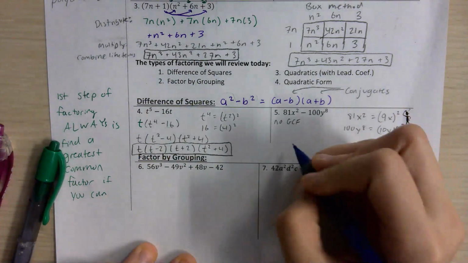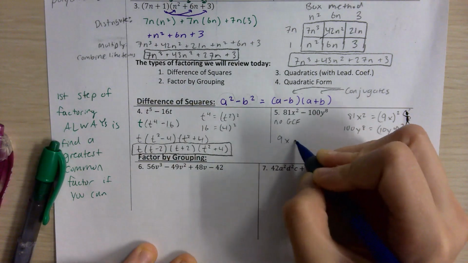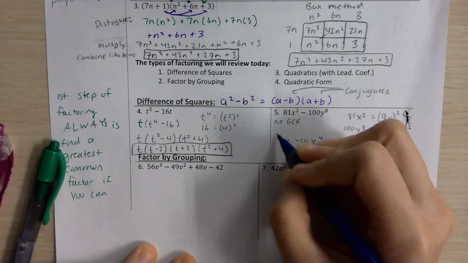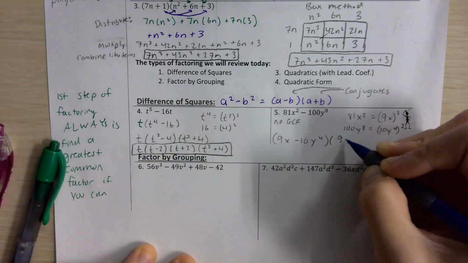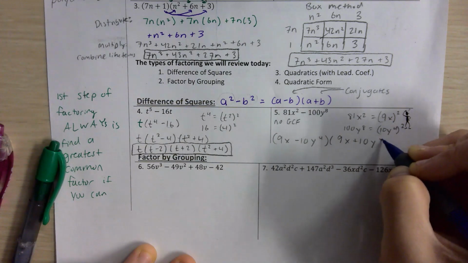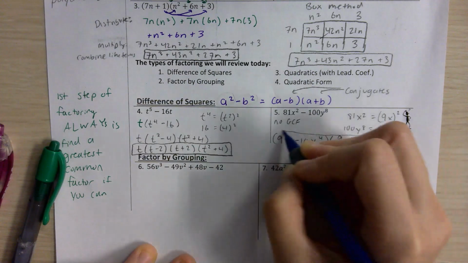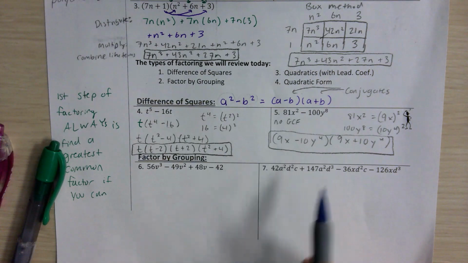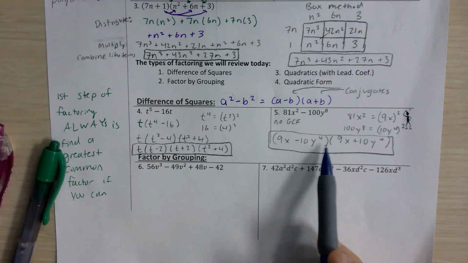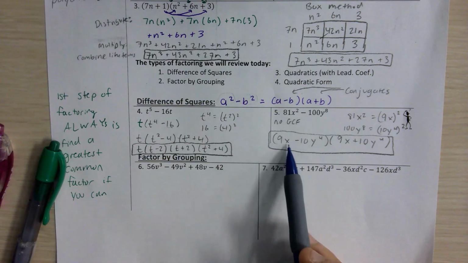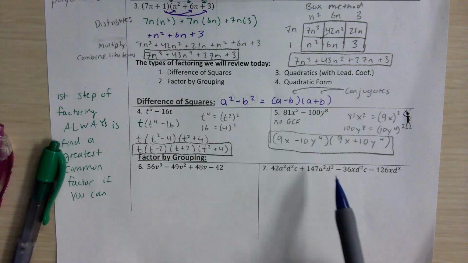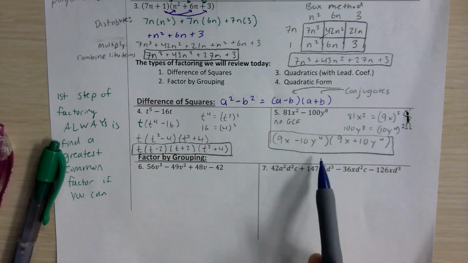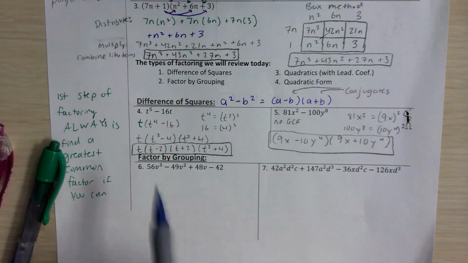So we're going to make this 9x minus 10y to the 4th, 9x plus 10y to the 4th. And even though this looks super complicated, we're just using the same strategies of perfect squares. And this can't be factored any further because these two aren't perfect squares. Right, 9 is, but you need x squared, and then 10 isn't. So we just stop right here. This is fully factored.